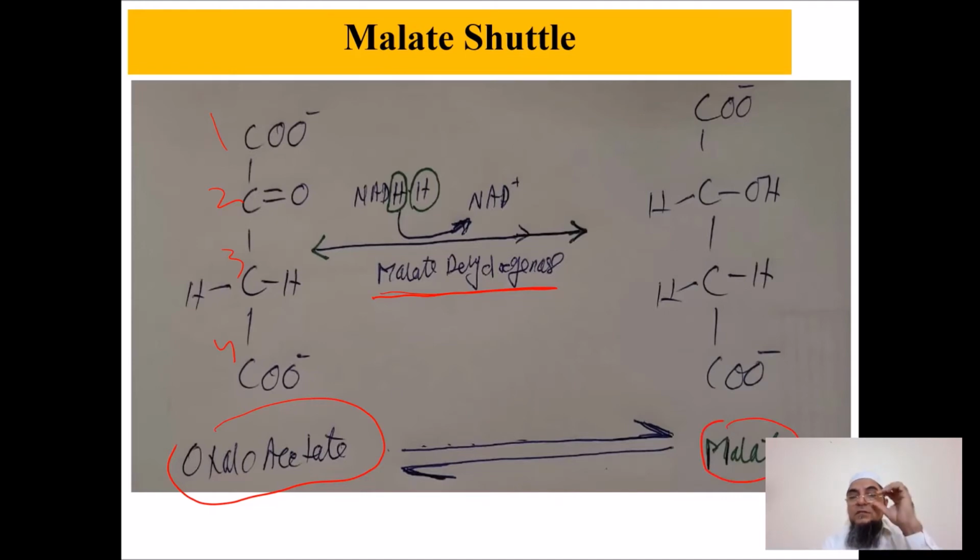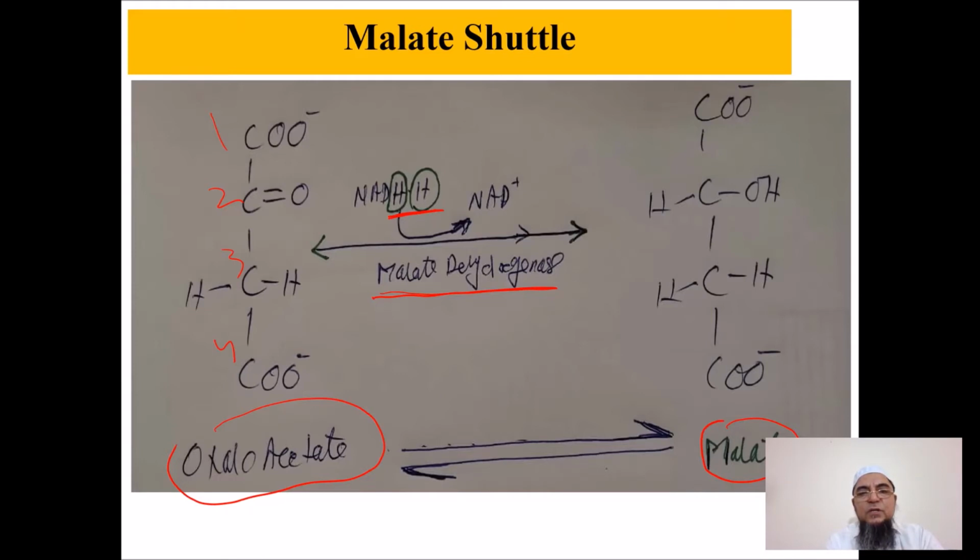And then we'll see how it helps in the transport of hydrogen from the cytoplasm to the mitochondria. This oxaloacetate accepts 2 hydrogens from NADH.